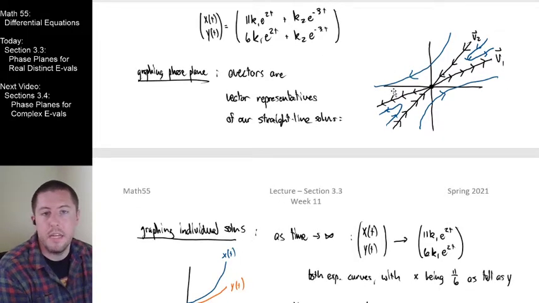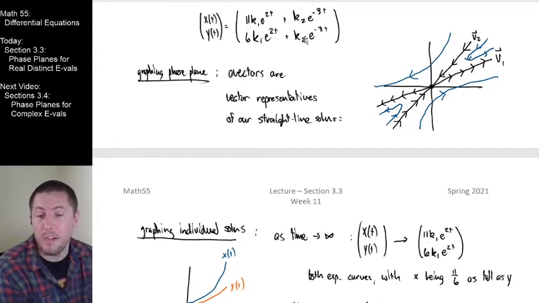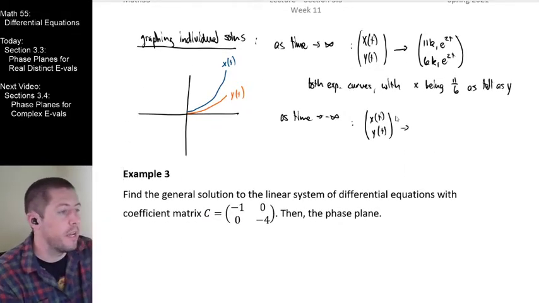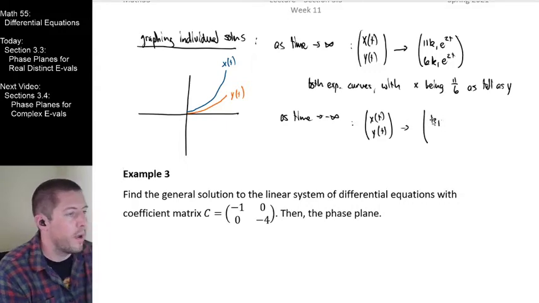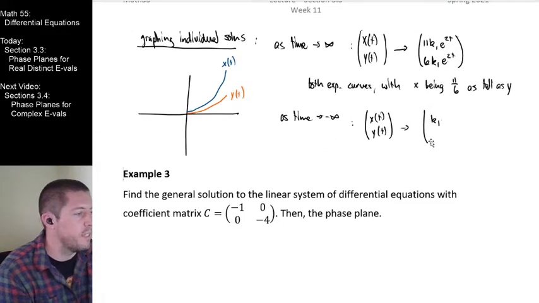So k2 e to the negative 3t for both x and y. It looks like our x parts and our y parts are both exponential decay functions that are going to exactly match one another. All right, so I'm getting K1, or wait, that was K2, right? Yeah, K2 e to the negative 3t for each of them.